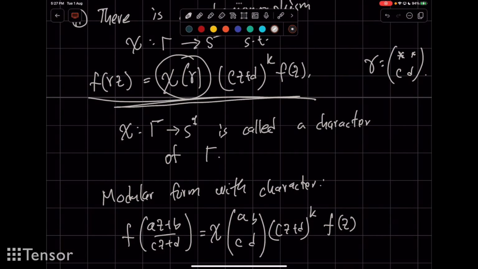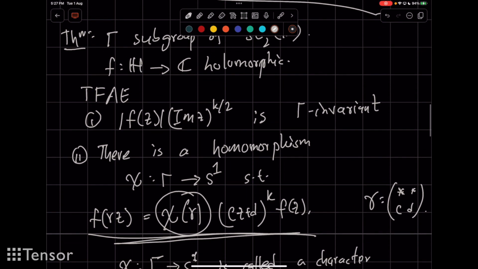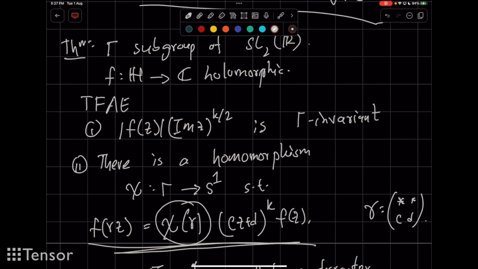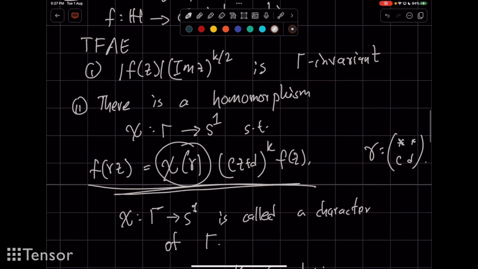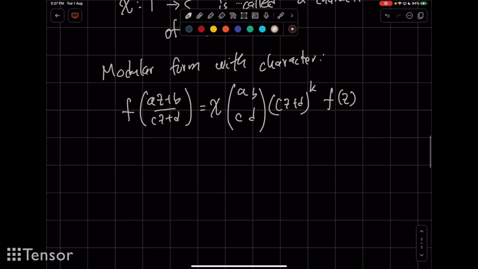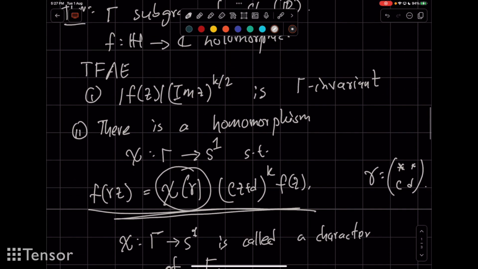Okay, let us try to prove the theorem first, then we'll state another interesting fact. The proof of the theorem: we have to prove that 1 implies 2 and 2 implies 1.